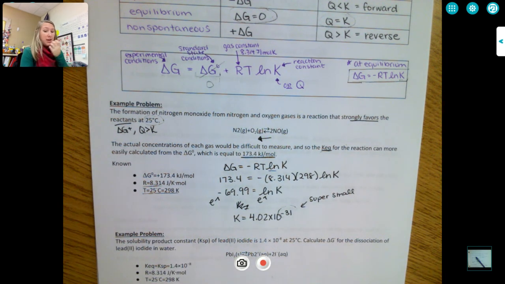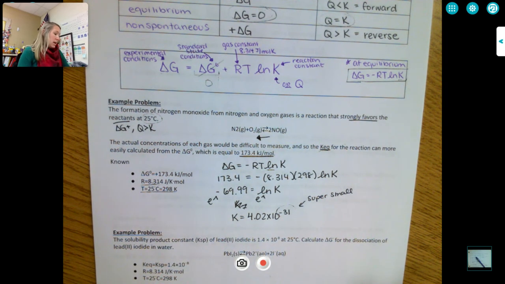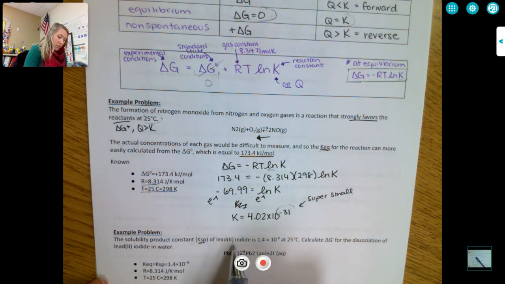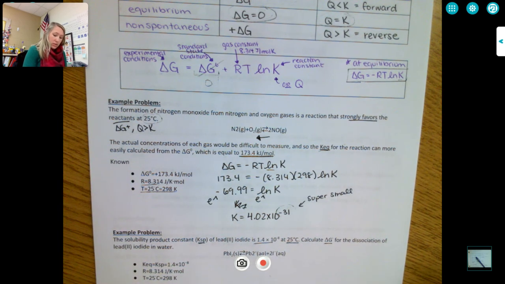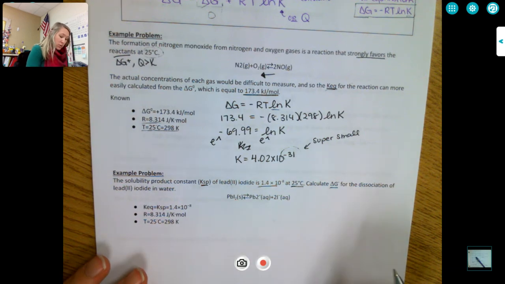We know that a very small K value means that we really hang out on the left-hand side of our reaction. Well, what if I know my solubility product constant, my K, of lead-2 iodide, and I know my temperature? Can I also calculate delta G for a certain system? We can do that too.